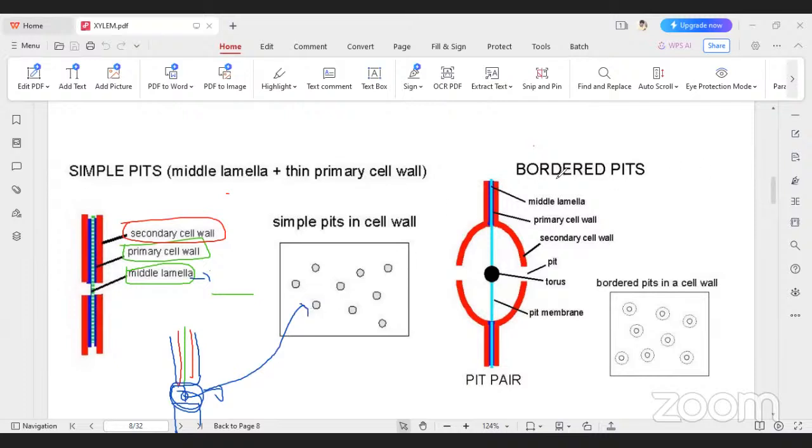And next one, border pits. This is the border pit diagram. If you see the border pit, the same middle lamella, and in between, a bulge-like part is present, that is called torus. Apart from the middle lamella, the primary cell wall is also there, but the secondary cell wall is not uniform.